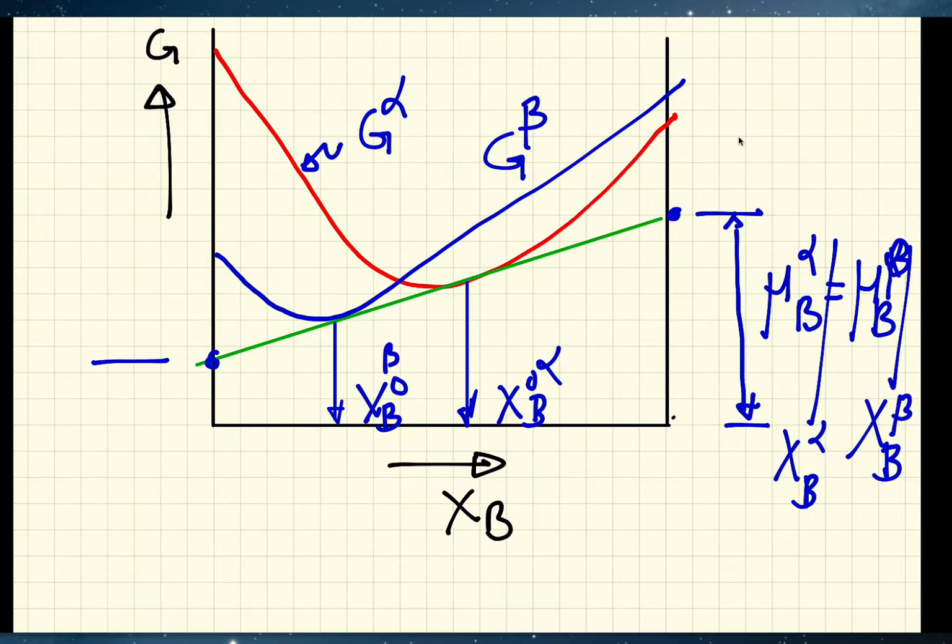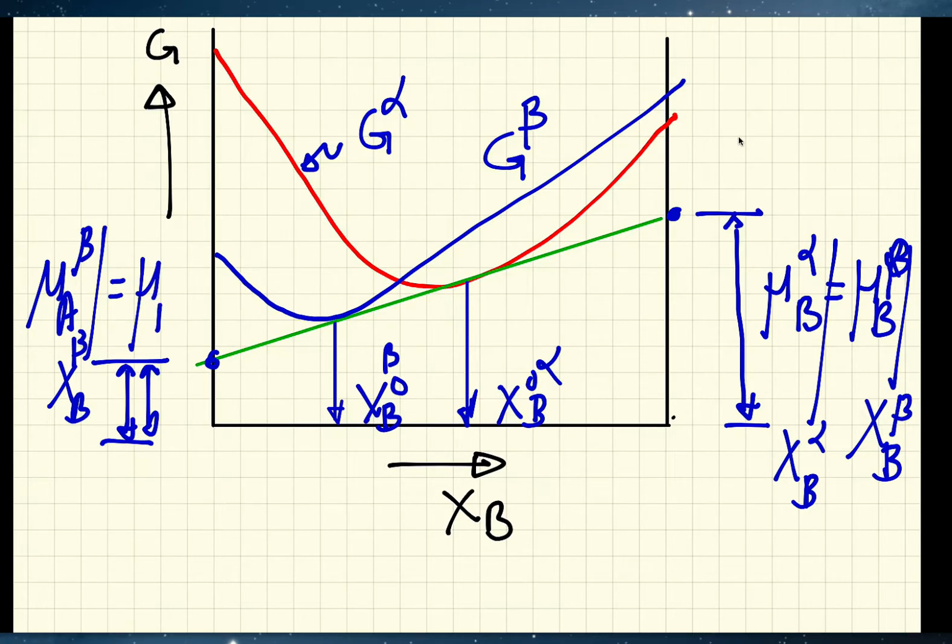On that side here, the intercepts will be two identical intercepts. One of them is mu for element A in the beta phase, evaluated at x sub B in the beta phase. And the other one is mu sub A again, in the alpha phase.